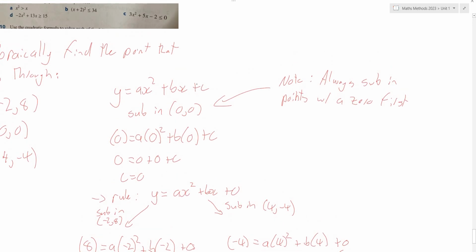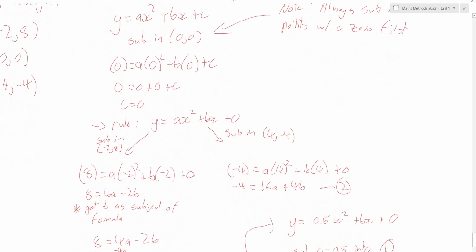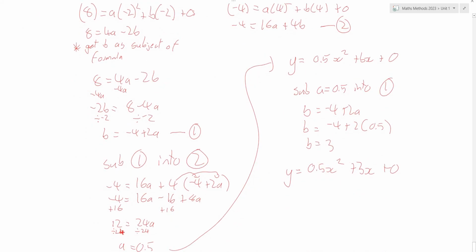And because we solved for a, instead of saying ax squared, we can now say 0.5x squared. Questions, comments, concerns? Here's the question, guys. Do you think you'd be able to follow the same process for the second rule? I'm going to give you guys 10 minutes. I want you to have a go at that second set.